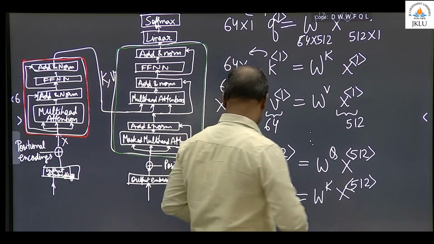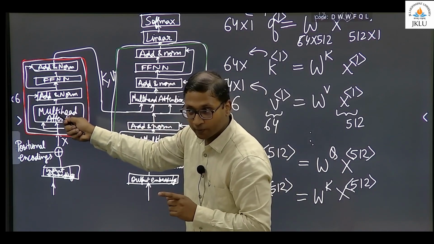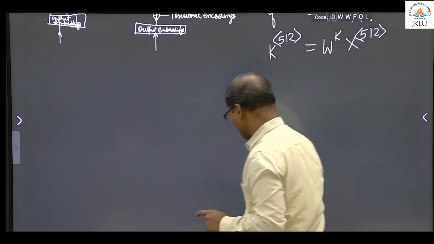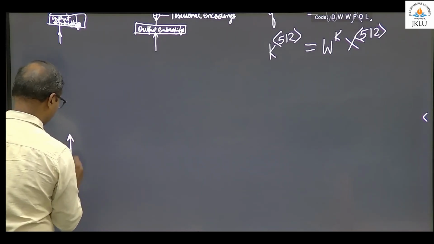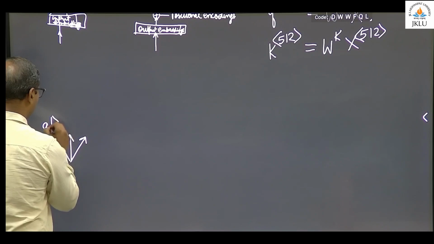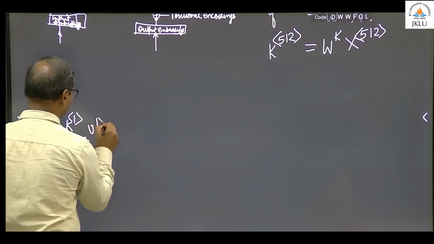So see the figure that I have here. Now I am zooming in. When you zoom in, you have 5 and 2 things. What are the 3 vectors here at position 1? I have q1, k1, v1.